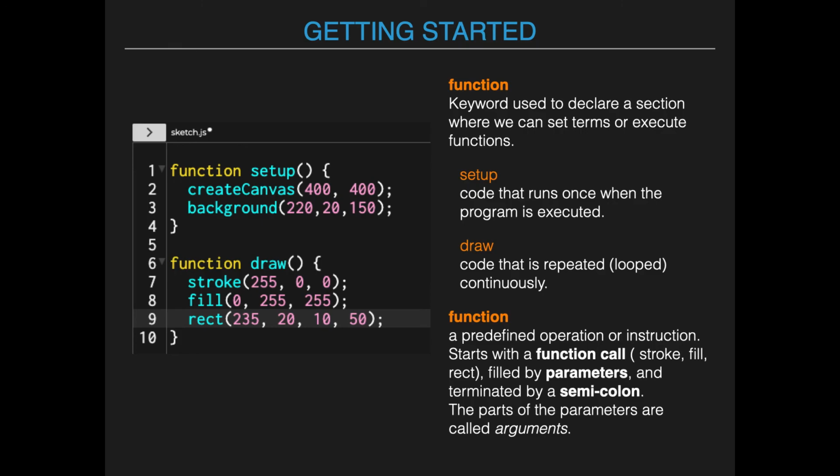So this is getting into the confusion here. Functions are predefined operations or instructions, and by functions, I'm not referring to the yellow text in the code window. I'm referring to the cyan colored components, like on line 7, line 8, line 9.